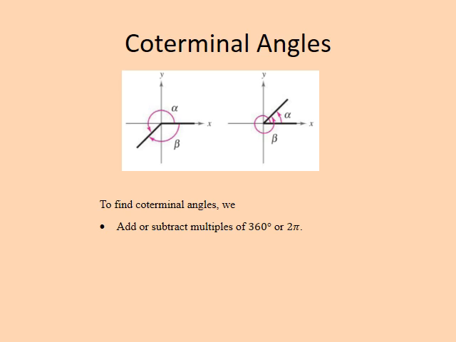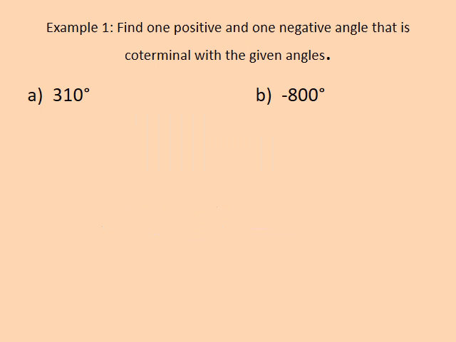You should have discovered that coterminal angles are angles that have the same initial and terminal sides. So if this is your coterminal angle, one of the angles can be represented like that and the other like that. To find coterminal angles, we add or subtract multiples of 360 or 2 pi, depending on what your angle measure is in.